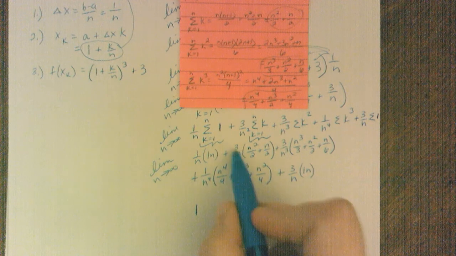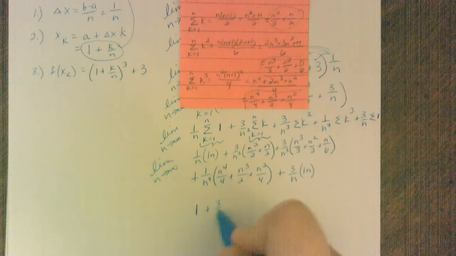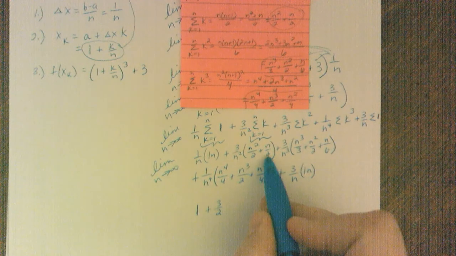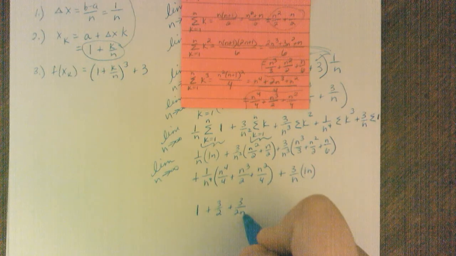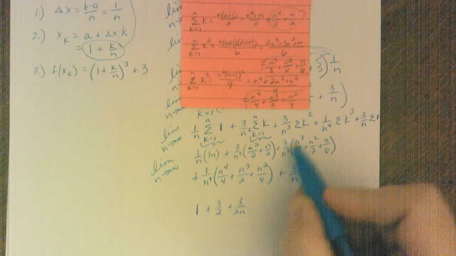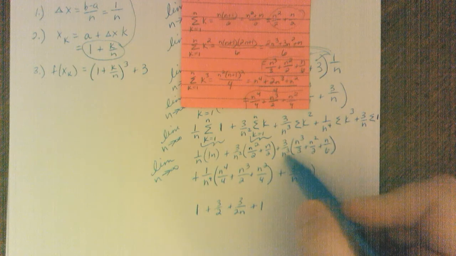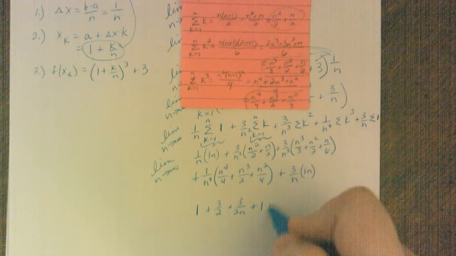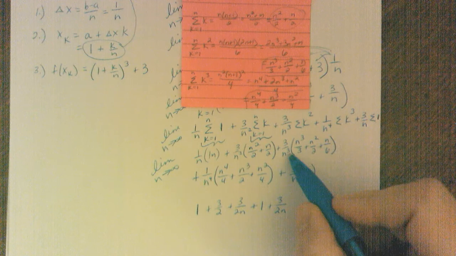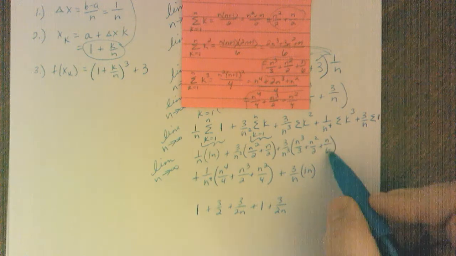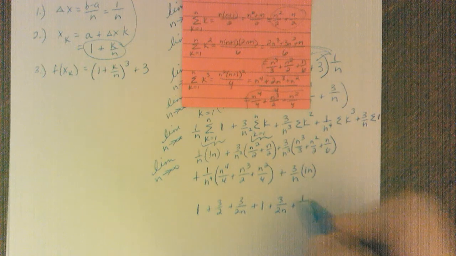This one, 3 over n squared times n squared over 2 would just be 3 over 2. 3 over n squared times n over 2 would just be 3 over 2n. 3 over n cubed times n cubed over 3 is just 1. 3 over n cubed times n squared over 2 would be 3 over 2n. And then 3 over n cubed times n over 6 would be, let's see, 1 over 2n squared.